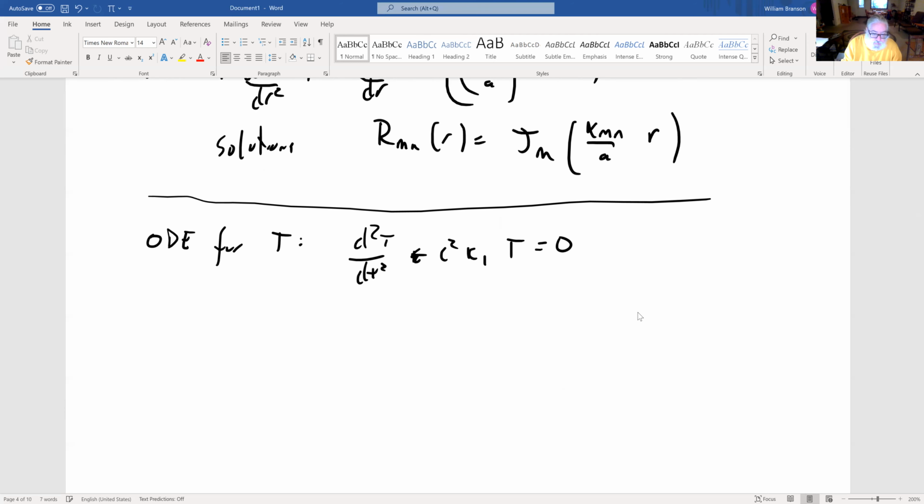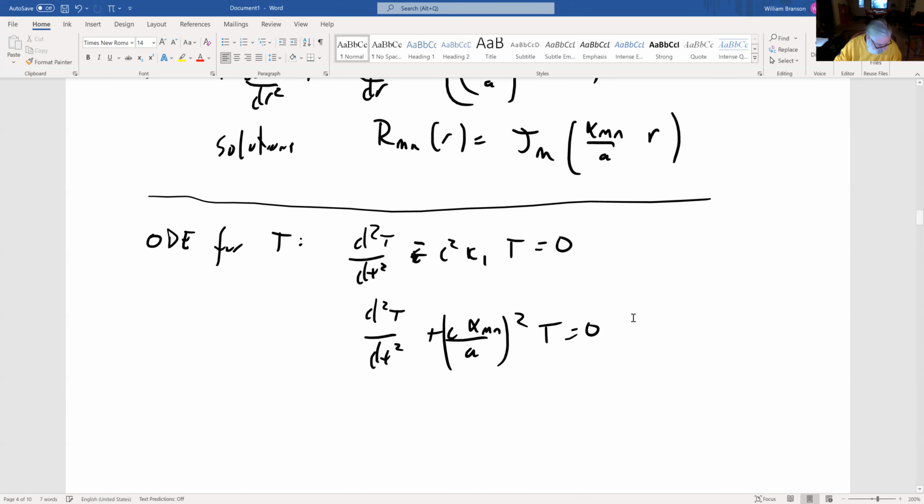Oh, minus c squared K1. Given that we now know what K1 is, this becomes c alpha mn over A, in that quantity squared, times T equals 0.